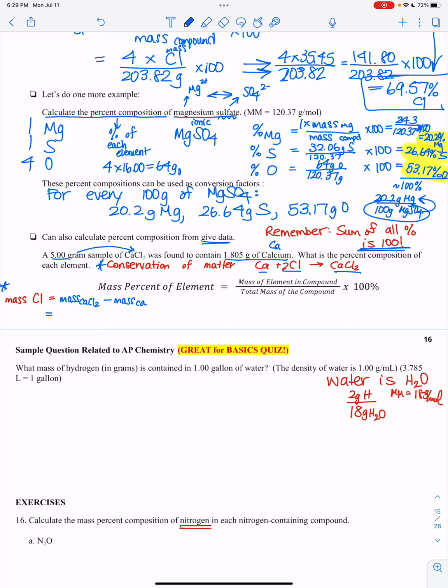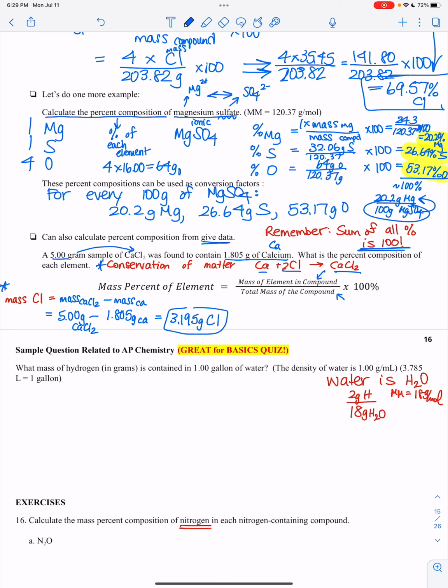My mass percent of element is the mass of the element divided by the mass of the compound. So mass of CaCl2 is 5 grams minus the mass of calcium, which is 1.805 grams. If I do this math, I will end up with my mass of chlorine, which is 3.195 grams of chlorine.